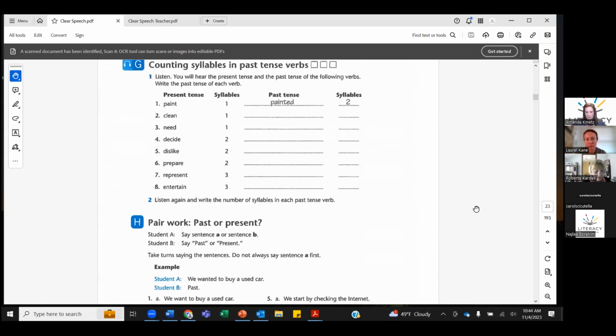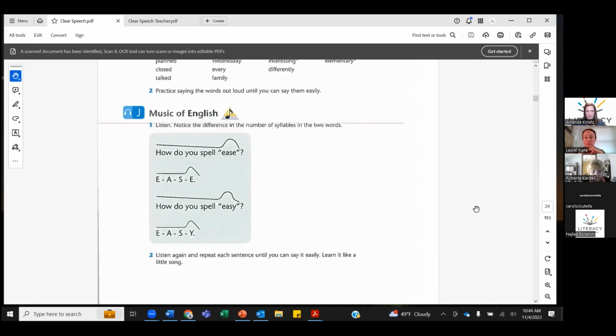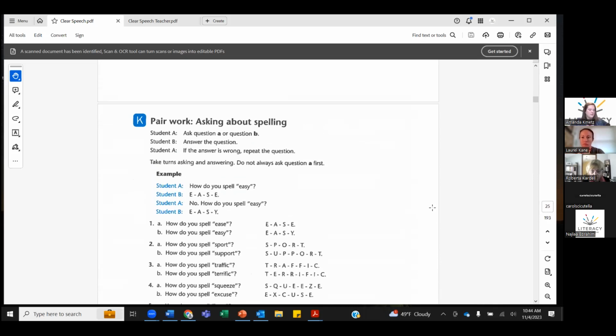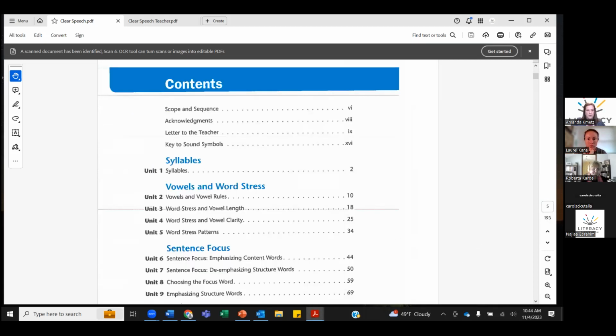One of the other things I wanted to show you in the book here is, let me get a more precise page number for you. Let me go back to the table of contents, actually. We look here and we'll see that the first unit after syllables is on vowels, but the work on vowels does not stop just because the vowel section is over.